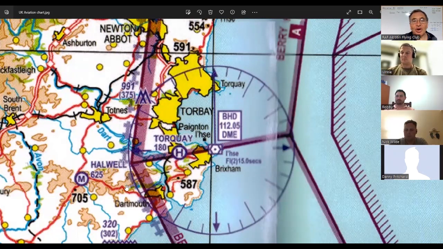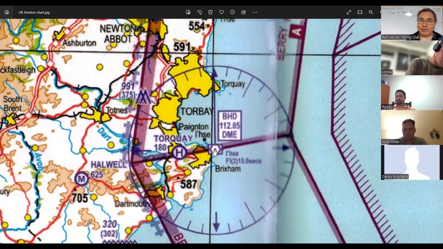Now, this circle around it is showing you a small compass rose. VORs tell you where you are relative to them, but they are aligned to magnetic north. They're not aligned to true north. And you can see that from this particular one. Can you see how this arrow from the VOR is at a very, very slight angle off north-south?